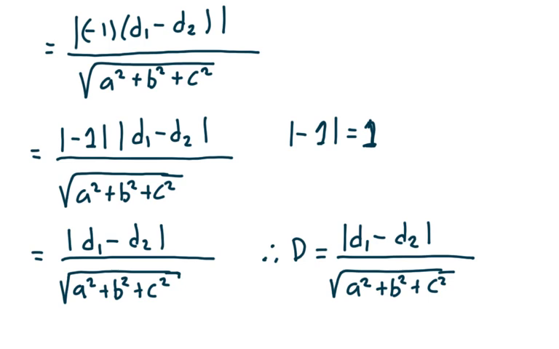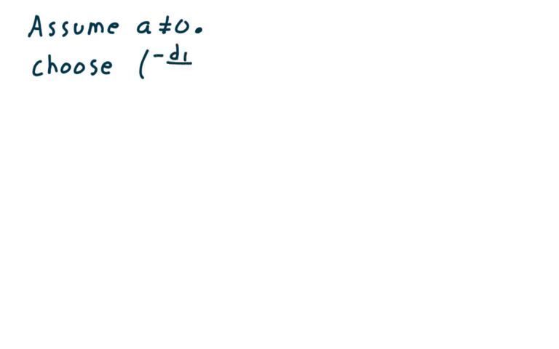Now, one thing I want you to notice here, what if I assume A doesn't equal 0? Okay? So if that were the case, I would have chosen the point negative D1 over A, 0, 0.